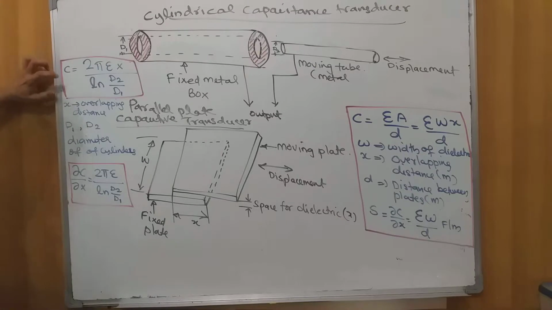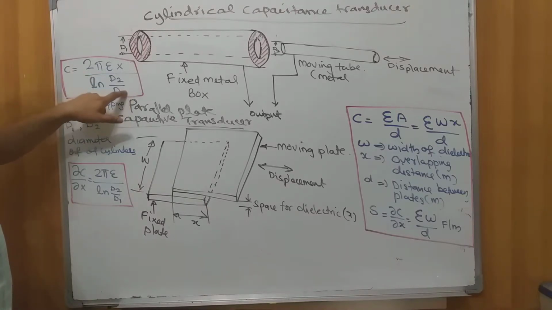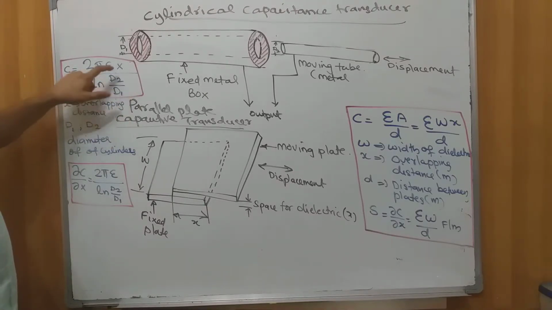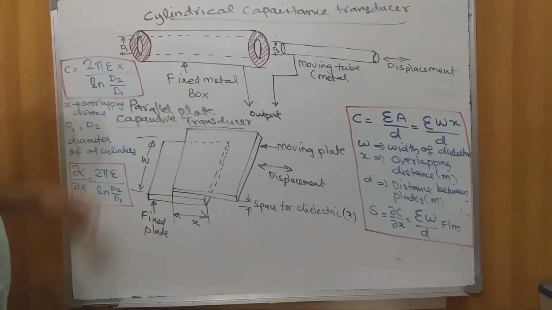So the mathematical relation for calculating a cylindrical capacitance is C equal to 2 pi epsilon x divided by the natural logarithm, ln of d2 divided by d1, where x, as already defined, is the overlapping distance. Now d2 is the diameter of the smaller tube, whereas d1 is the diameter of the bigger tube.